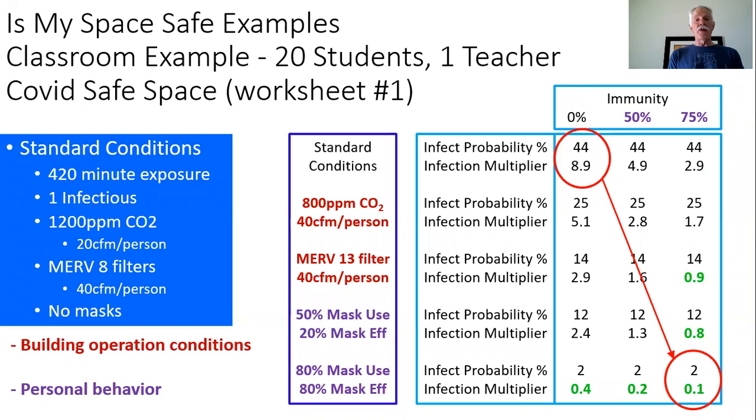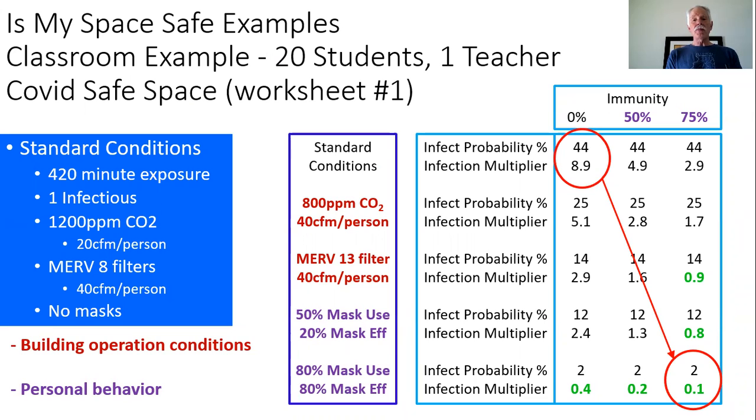Because that person's infectious for more than one day. And the chance that that infectious person is going to spread it to two others, the infection multiplier, we see that in this situation, in the as-is condition, most likely 6 other people are going to get infected with COVID with one person attending that class.